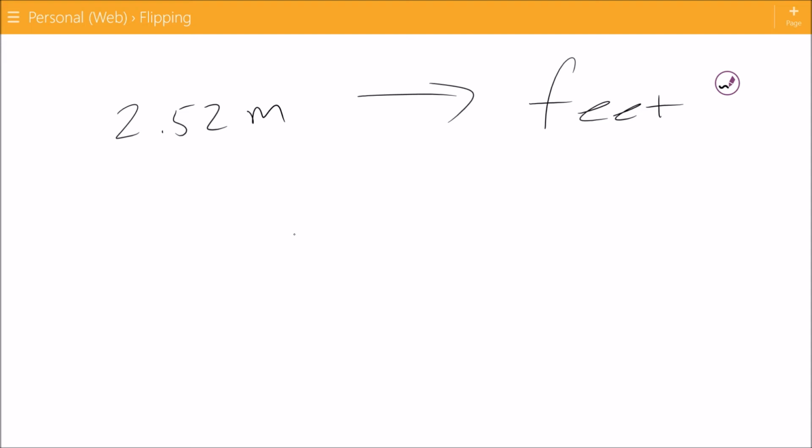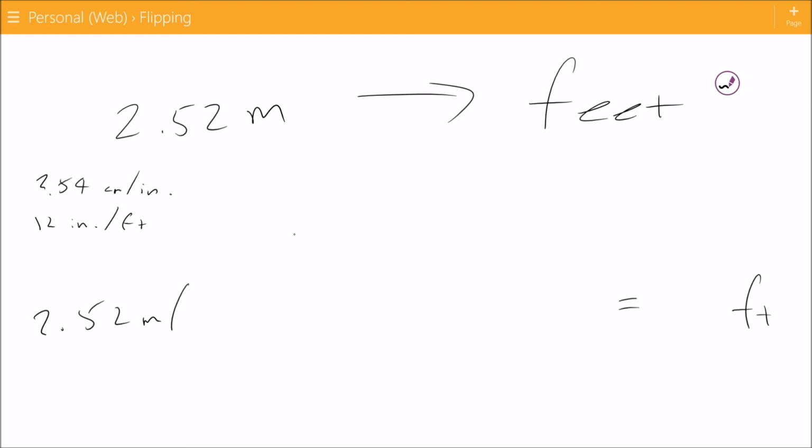So what I do know is that there are 2.54 centimeters per inch, and I know that there are 12 inches per foot. Using those, I can make a little bit more of a longer chain to get to my correct answer. So I'm going to start with 2.52 meters.